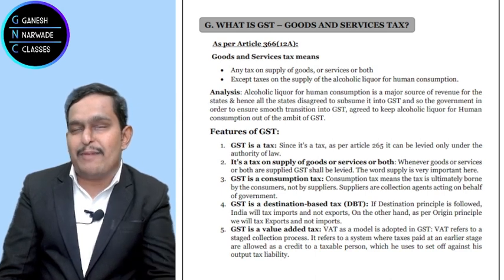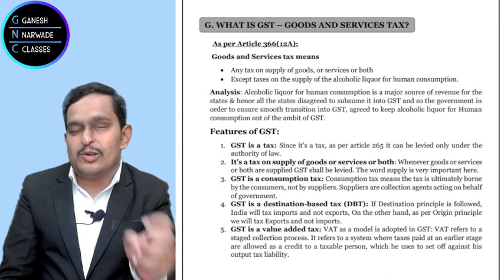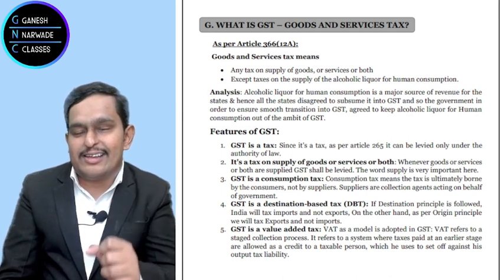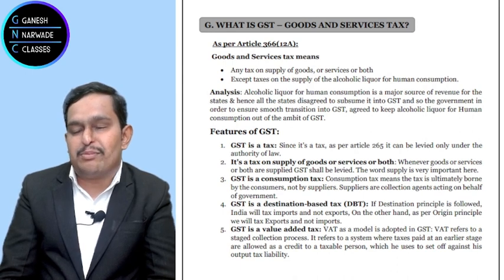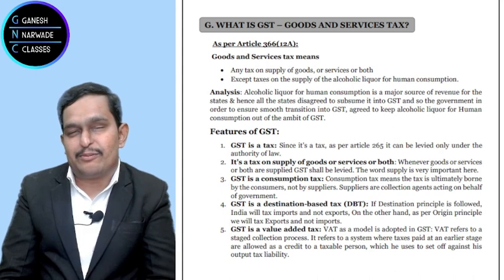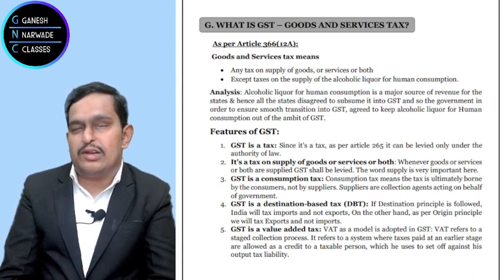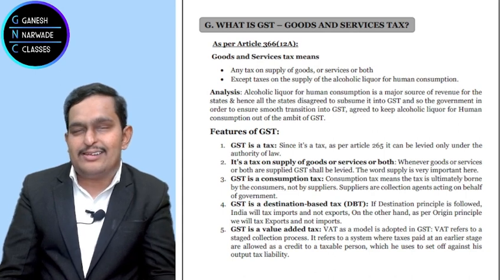But if you go to the market and you want to purchase certain goods, you want to consume certain goods, enjoy certain services, then definitely you have to pay GST. So what does this mean? GST is a consumption based tax. You consume, then only you pay GST. If you don't consume, no GST. That's it.